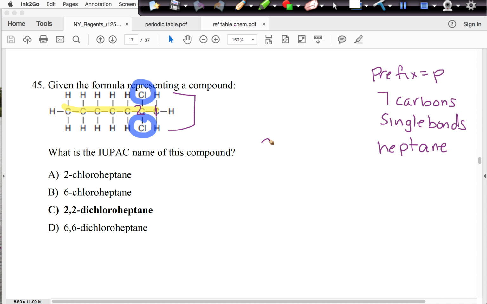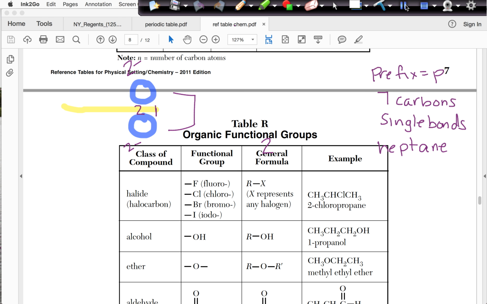This is the second carbon for this branch and the second carbon for this branch. Because these are not hydrogens or carbon groups, this now needs to go to the functional group table. So we're also going to look at table R. And on table R, Cl is called chloro. So this molecule is called a halide or a halocarbon.